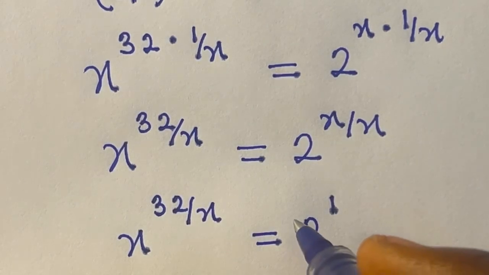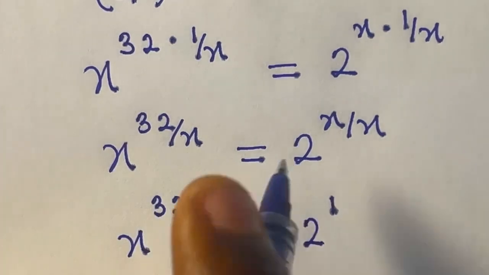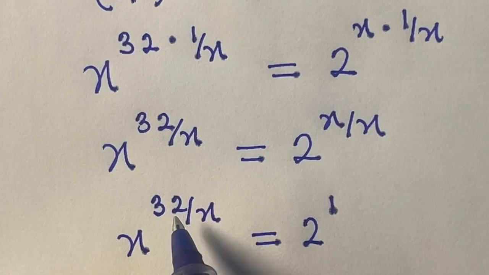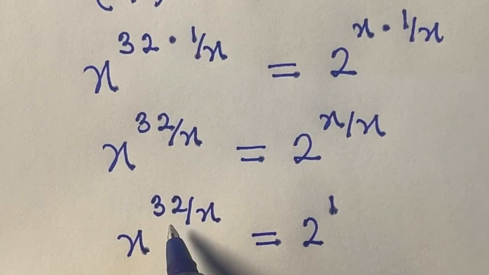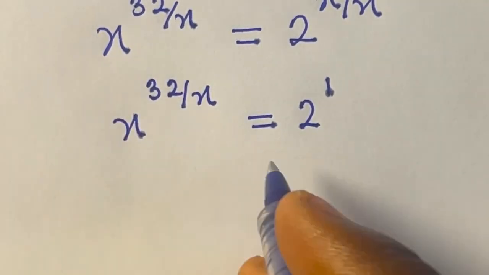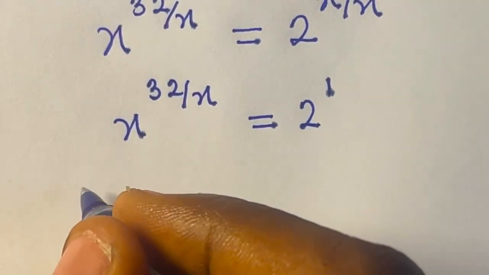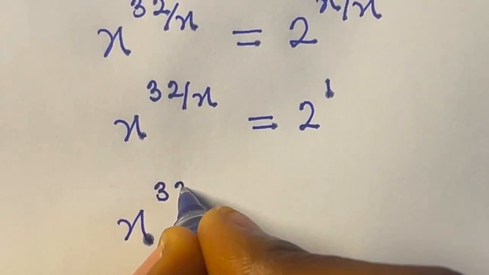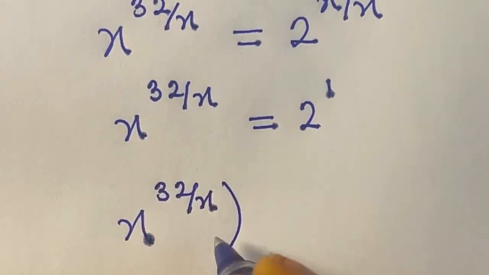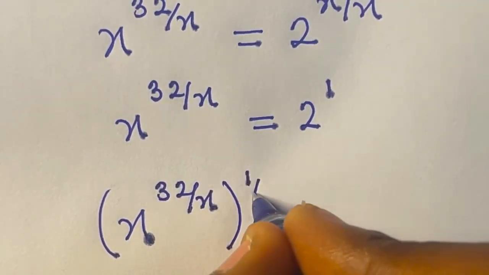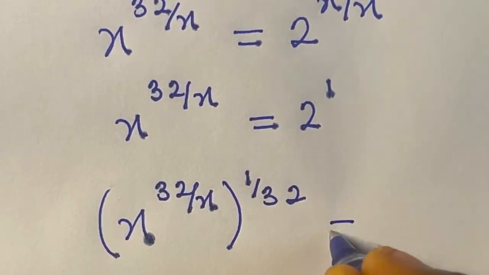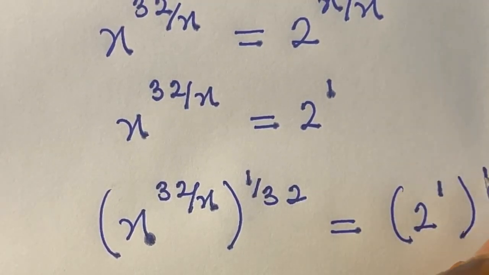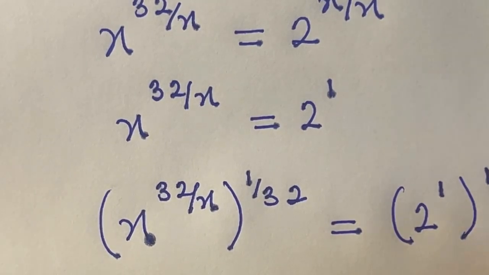Alright, so the next step is to multiply again the powers on both sides by 1 over 32, because clearly we want to cancel this 32. To do that, let's multiply both sides' power by 1 over 32, and that will give us x raised to power 32 divided by x, raised to power 1 divided by 32, equals 2 raised to power 1, raised to power 1 divided by 32.